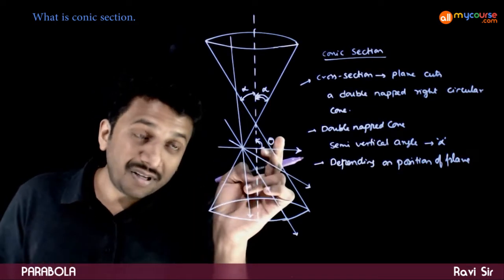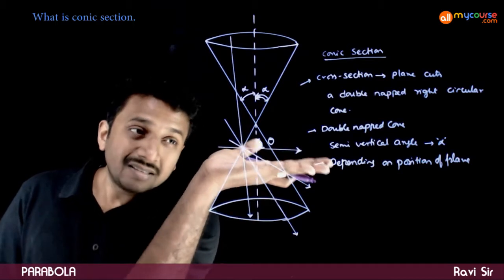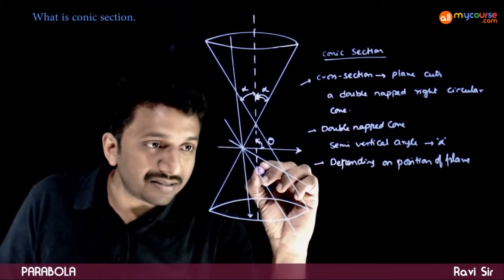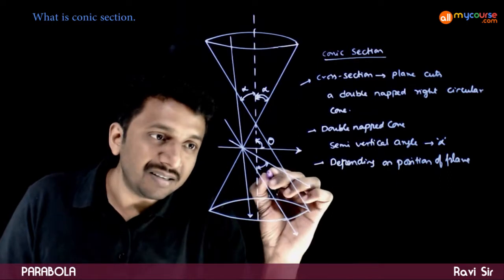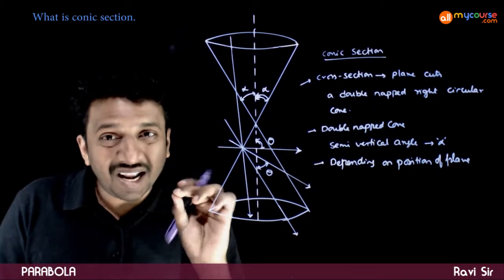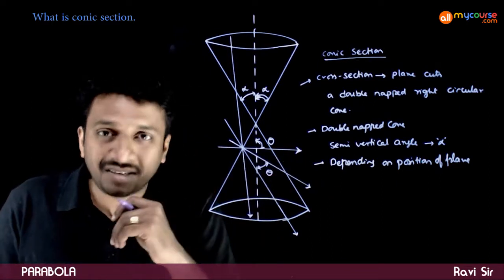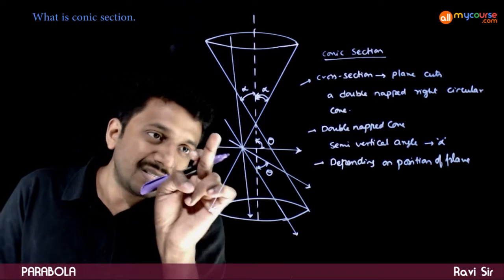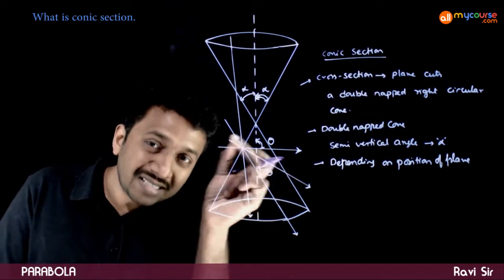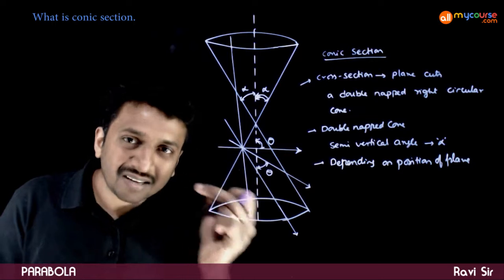And if the plane makes an angle somewhat less than 90 degrees, then the cross section looks like an ellipse.